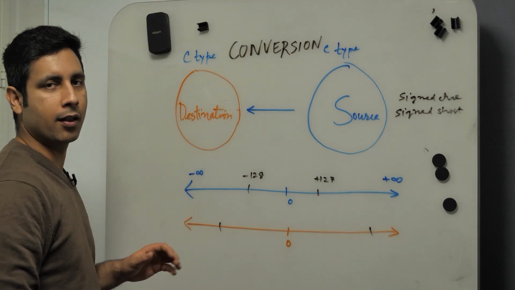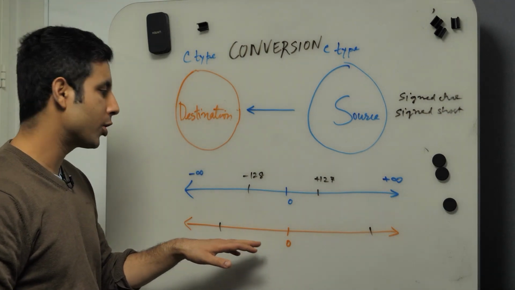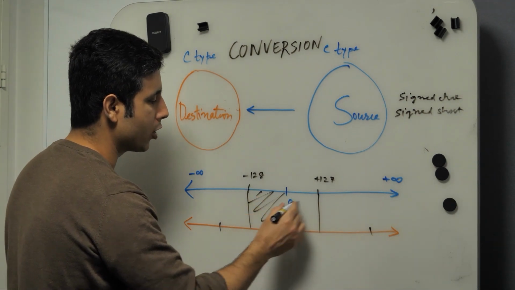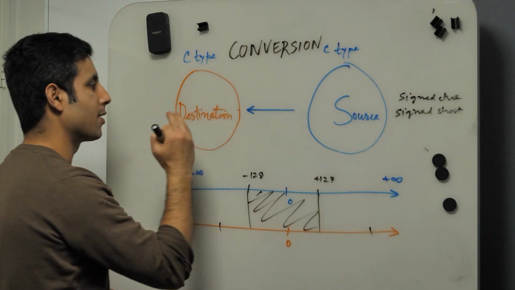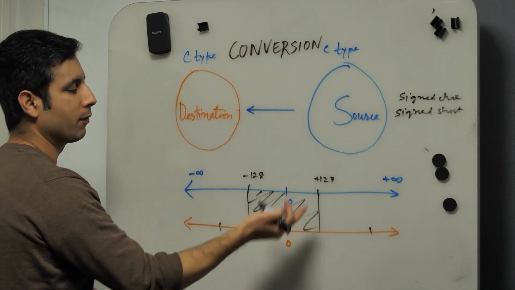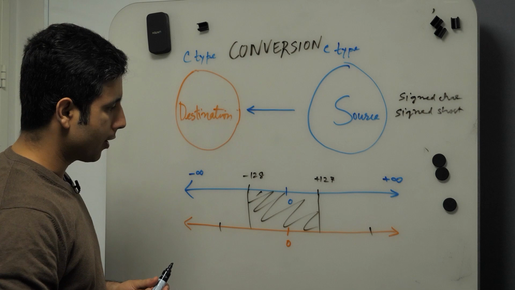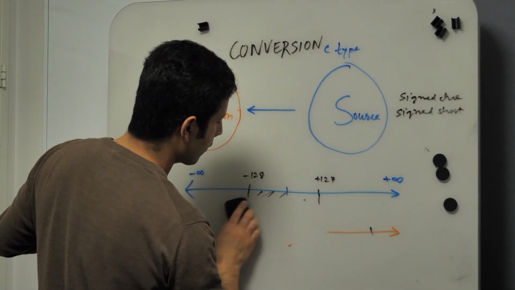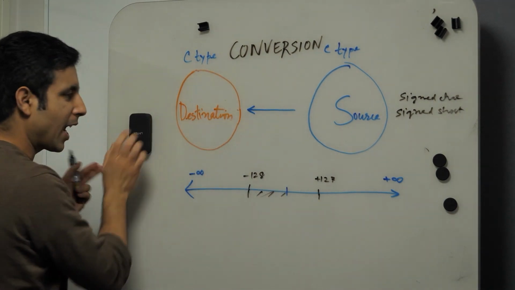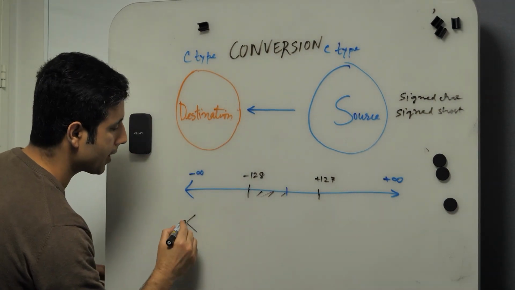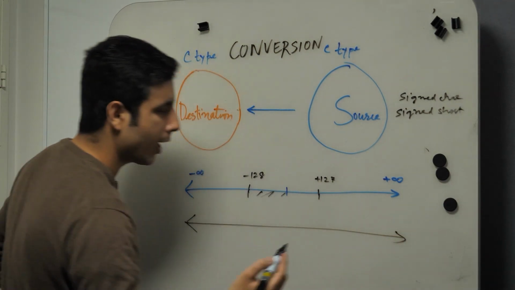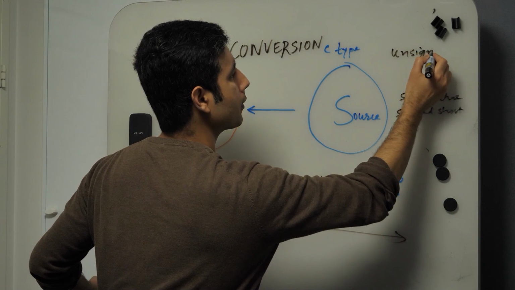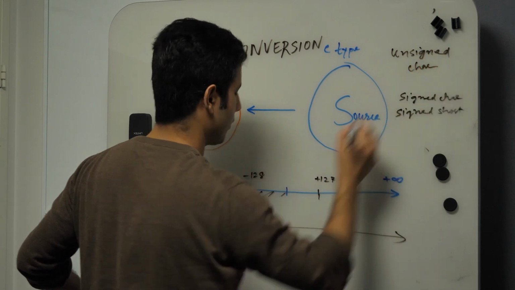Because it's 16-bit usually in most implementations. Of course, all the bits which fall in this range when source is converted to destination will be preserved. And this can even hold for different signed data types. Say, for example, if the destination is an unsigned char.